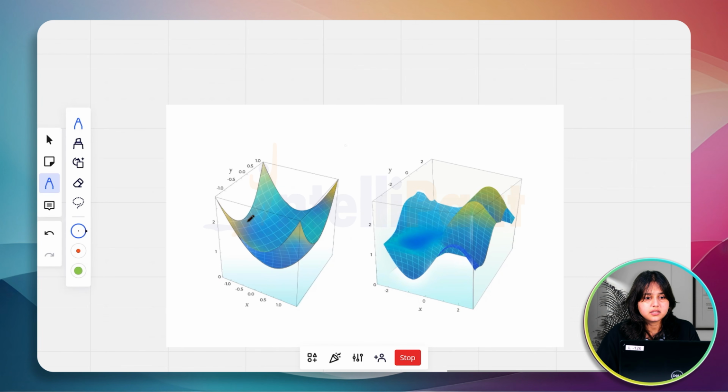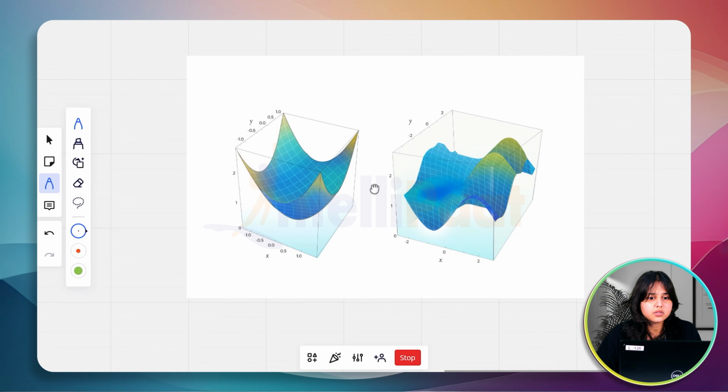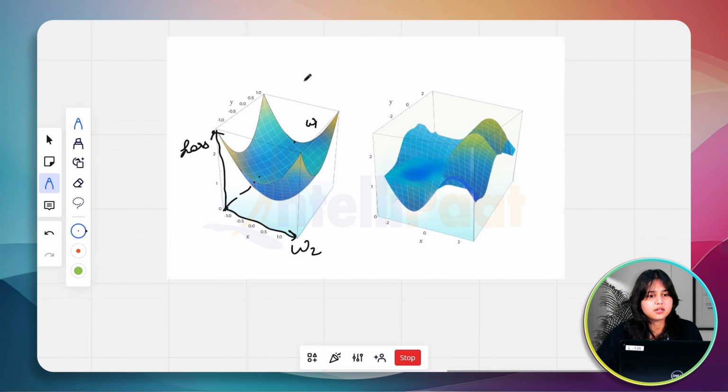As you can see, these 2 graphs here are 2 3D graphs. You can say this is our loss. Let's say this over here is our weight 1, and this one is our weight 2, right? So we have 3 parameters over here, according to which we have plotted a 3D graph.